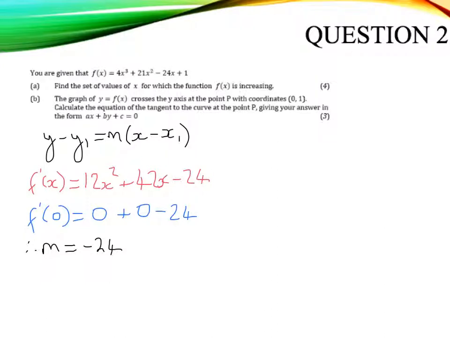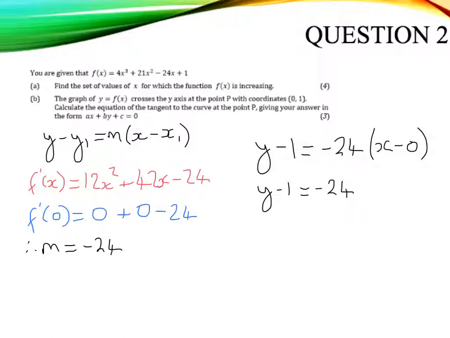Let's substitute all the values in and let's get this equation then. So I've got y minus, now the y coordinate of my point is 1, so y minus 1 equals minus 24 lots of x minus 0. Let's tidy this up. So I've got y minus 1 equals minus 24x.